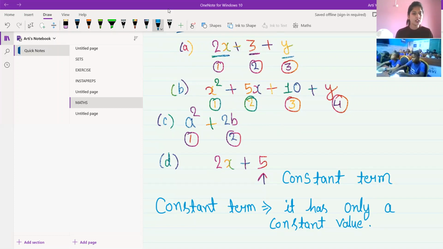So a constant term will have only a constant value.